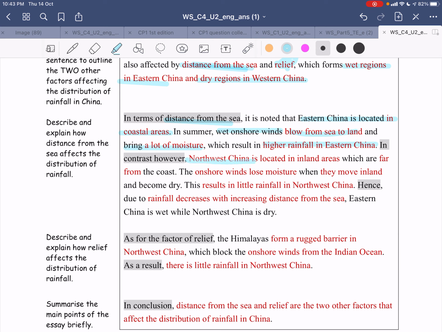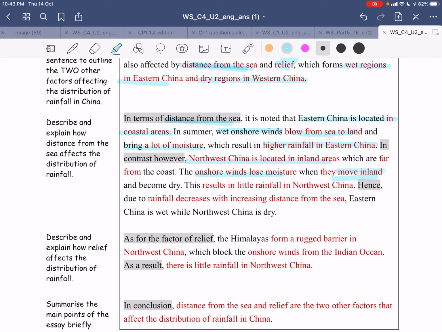However, the other way round, since northwest China is located in the inland area far away from the coast, the onshore wind will lose moisture as it moves inland, just like squeezing a wet towel. At the very beginning the towel can give out a lot of water, but time after time the towel will be dried up and cannot give out any water.